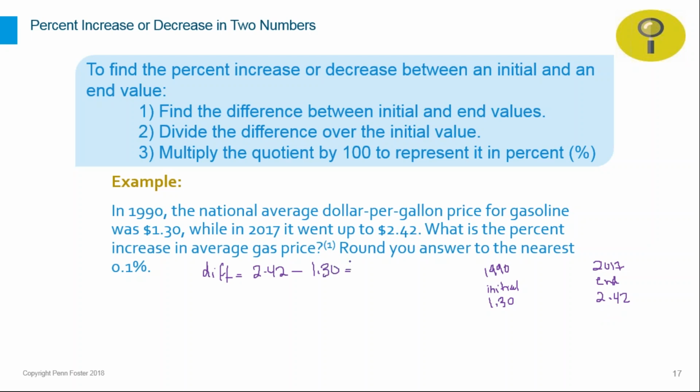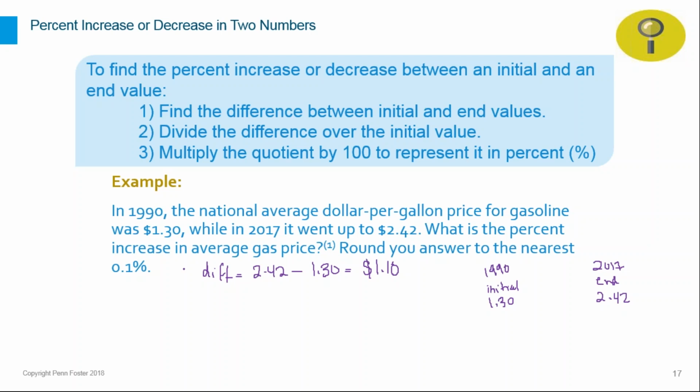Use your calculator, or you can do that by hand. It's a simple subtraction problem. So the difference is $1.10. So the gas price increased by $1.10 over the years from 1990 to 2019. I'm sorry, 2017.